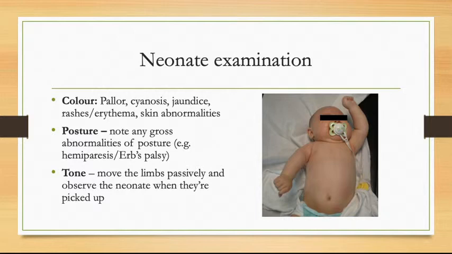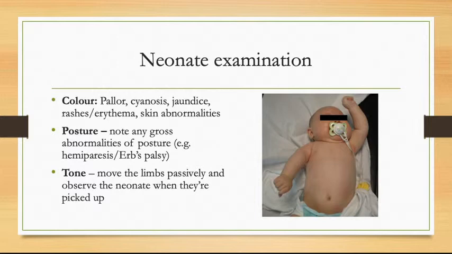And looking at their posture, you're trying to see if there are any abnormalities. So here on the right, I actually have this picture of an infant with Erb's palsy. Erb's palsy, if you've forgotten, is damage to the upper brachial plexus, C5 to 6, and it would most likely be due to birth trauma.